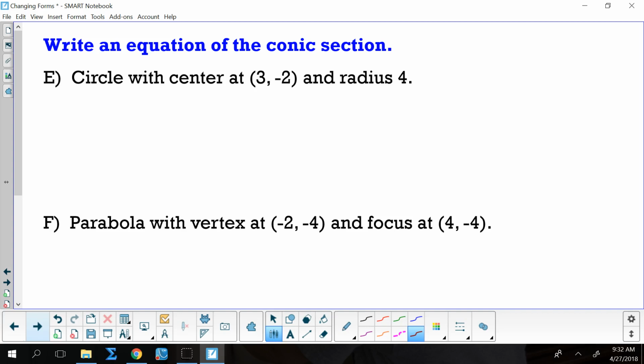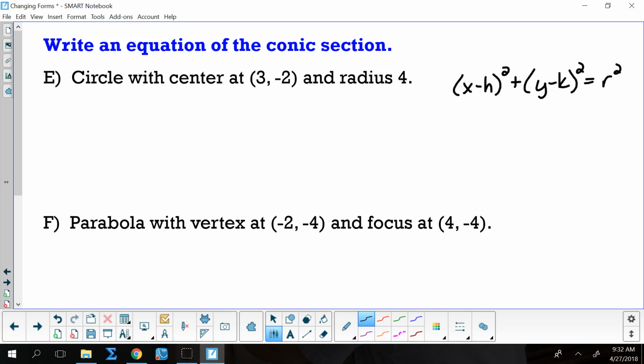Okay? So, a circle with a center at 3, -2 and a radius of 4. So, the circle formula is x minus h quantity squared plus y minus k quantity squared equals r squared. Right? Okay. What's h? 3.